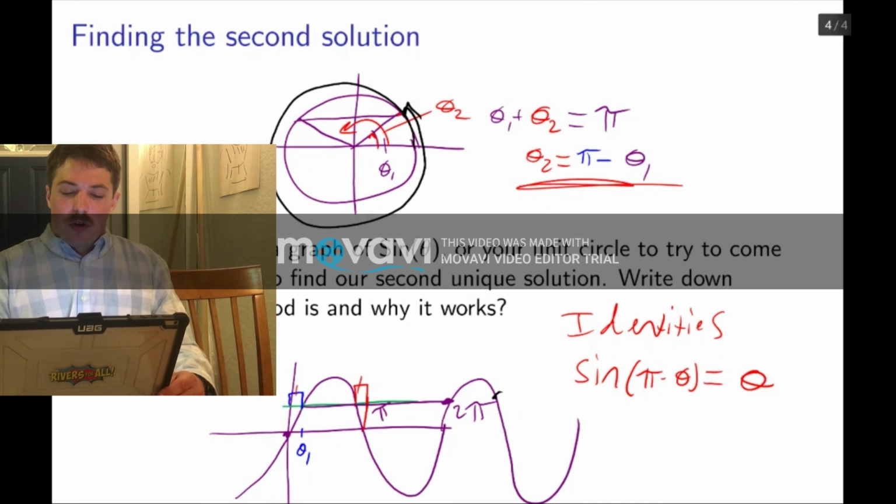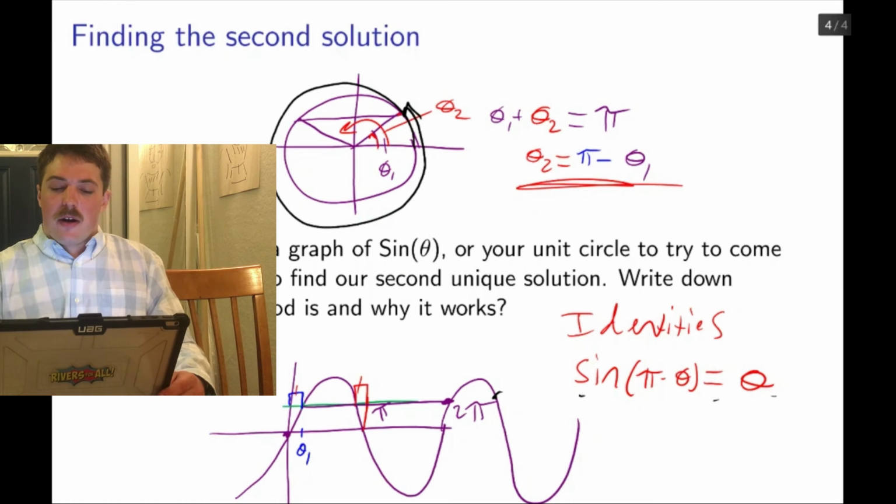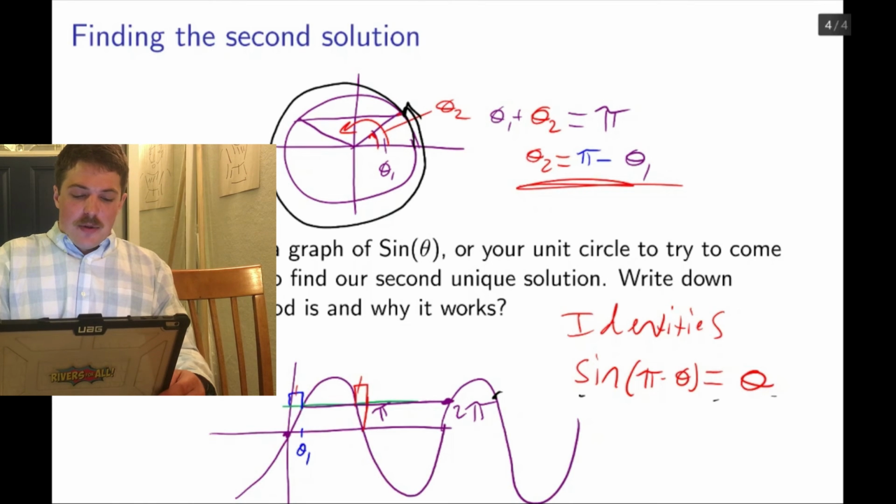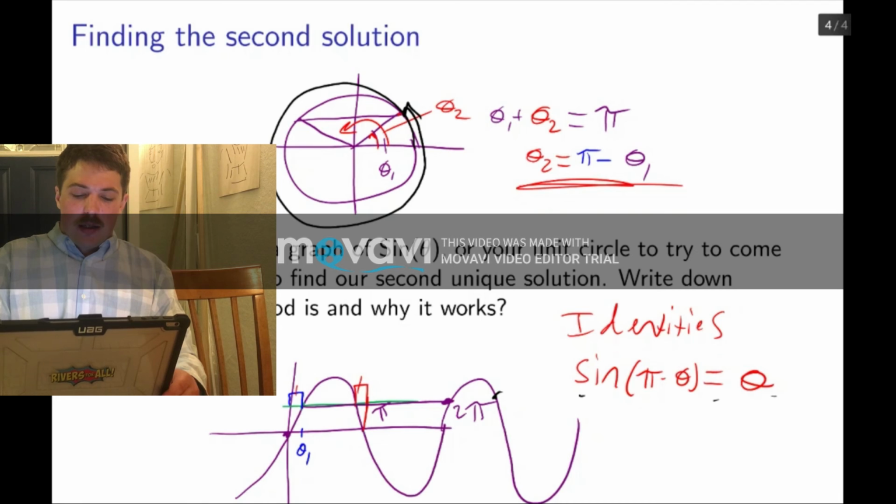And that's going to be true for all of these solutions carrying out, that they're just repeated solutions that are just a whole period advanced. So we can end up with a general solution that looks like theta 1 plus the period, in this case 2 pi n, and theta 2 plus any number of those periods, where n is an integer.